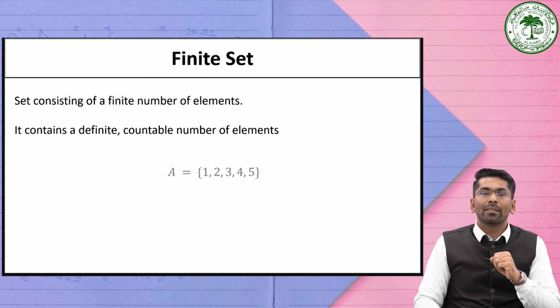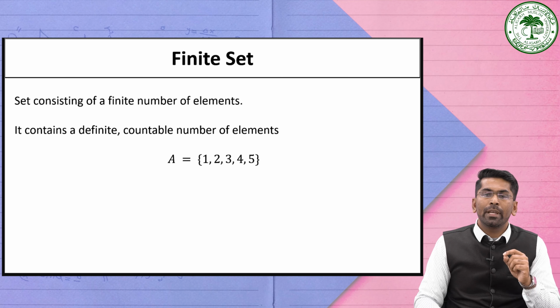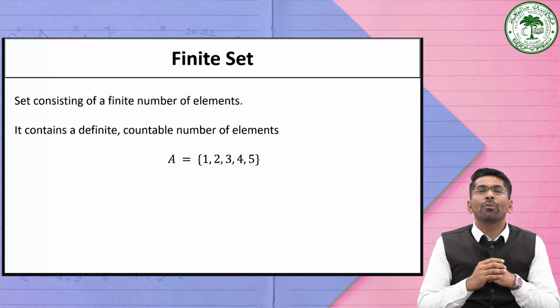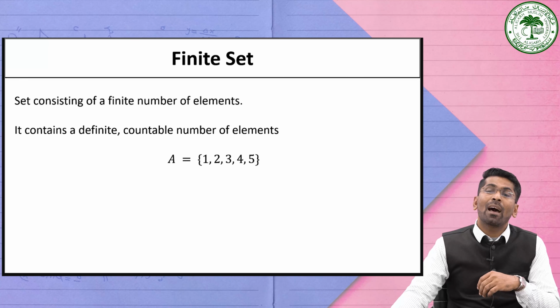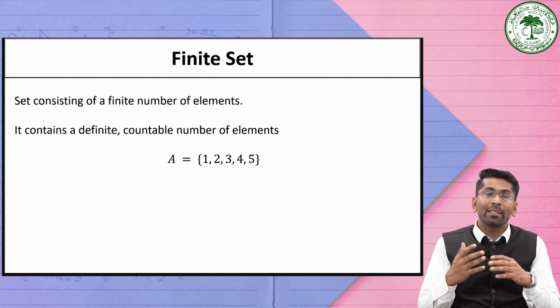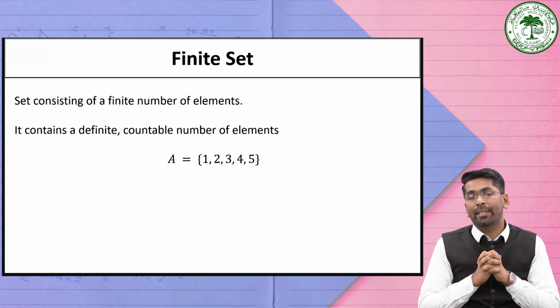For example, set A is equal to {1, 2, 3, 4, 5}. This is a finite set with 5 elements: 1, 2, 3, 4 and 5. Because these numbers are countable, we can say that it is a finite set.